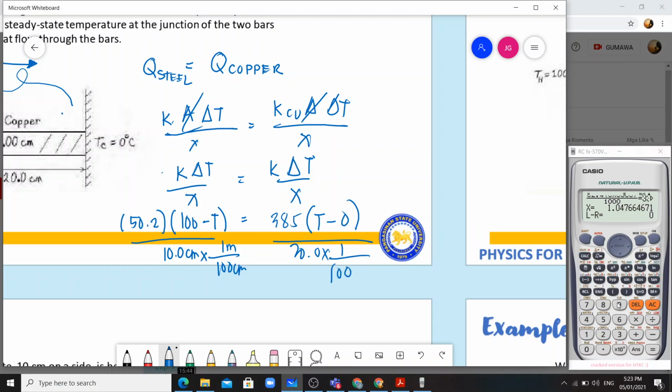So, ang temperature na hinahanap natin is 50.2 times (100 minus T) times 10 over 100 equals 385 times (T minus 0) times 20 over 100.